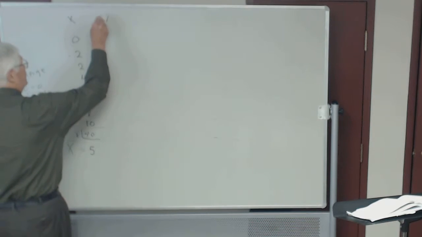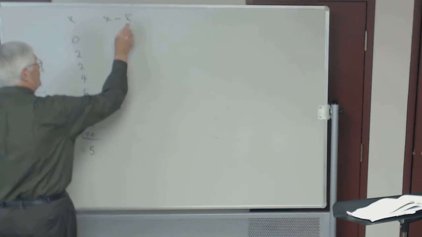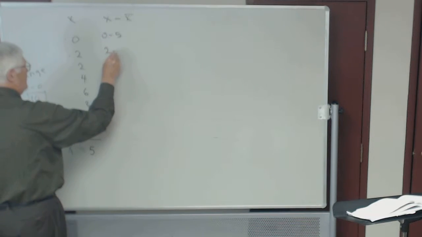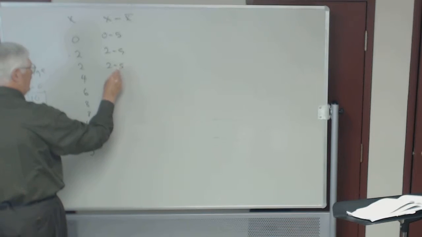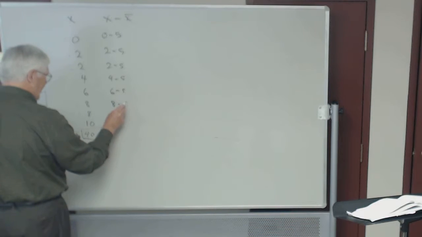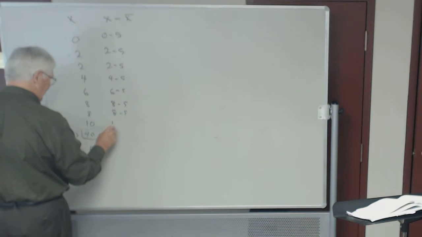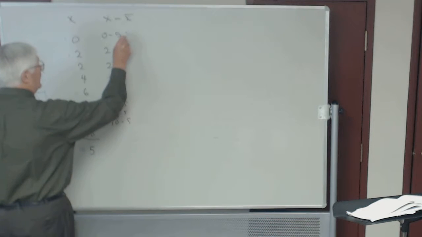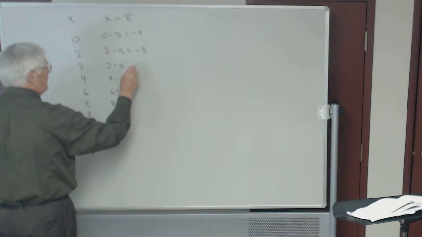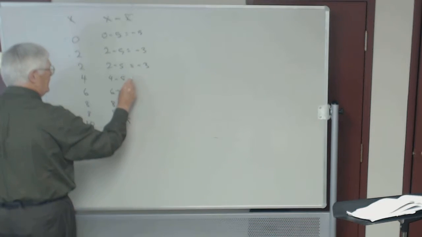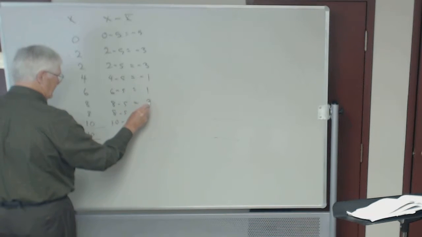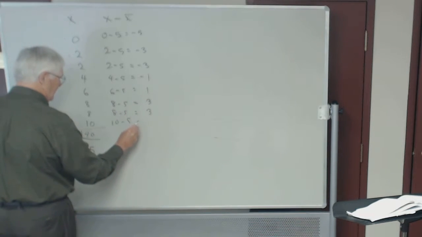So now I go x minus the mean, and that would be 0 minus 5, 2 minus 5, 2 minus 5, 4 minus 5, 6 minus 5, 8 minus 5, 8 minus 5, and 10 minus 5. And what would that be? Negative 5, negative 3, negative 3, negative 1, 1, 3, 3, and 5.